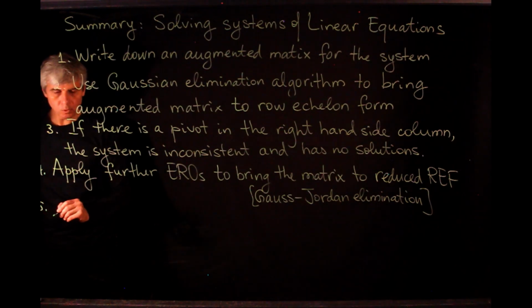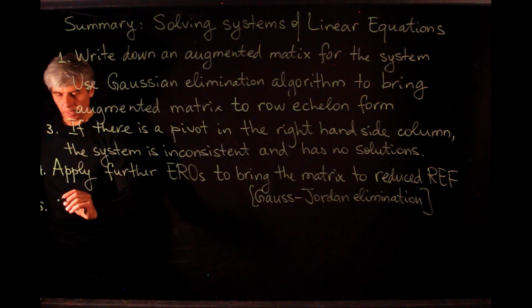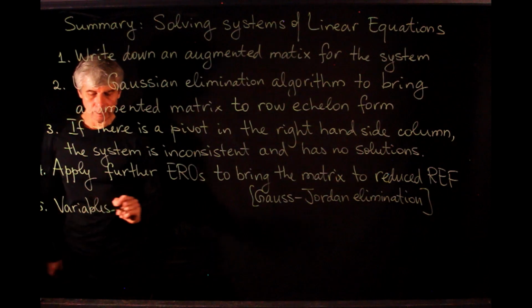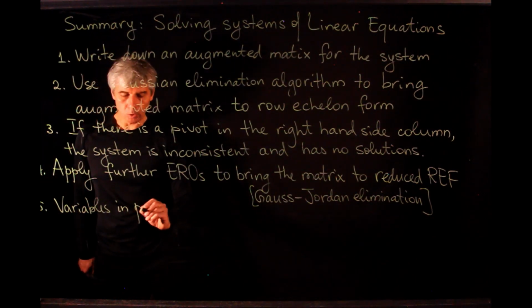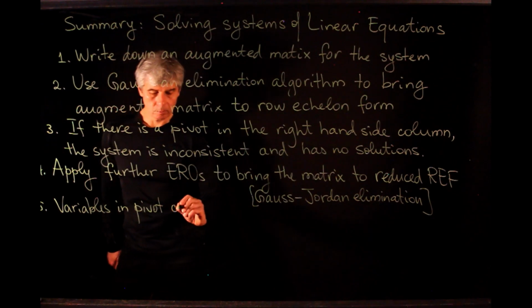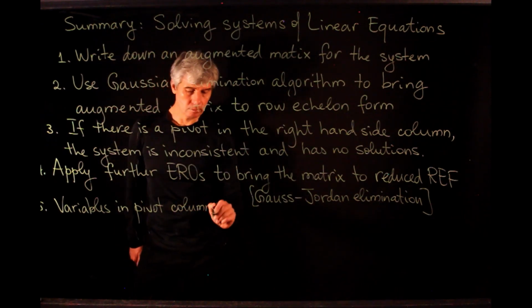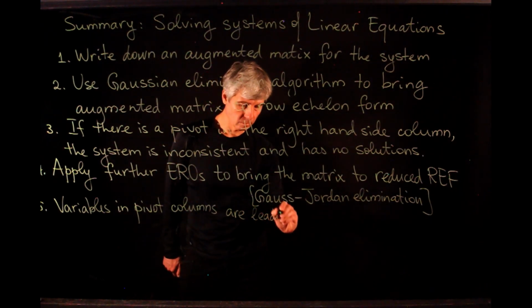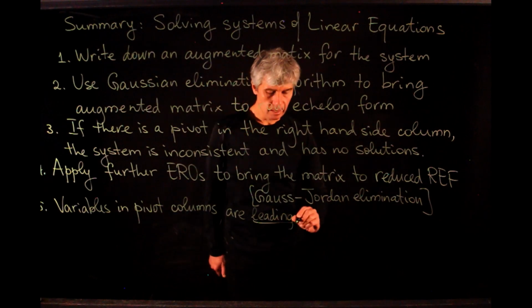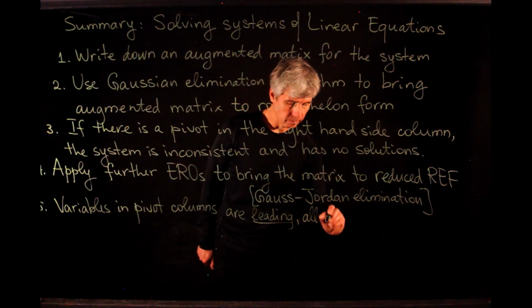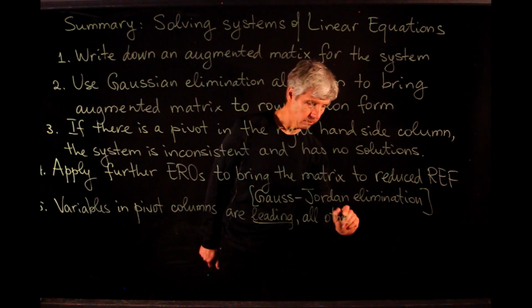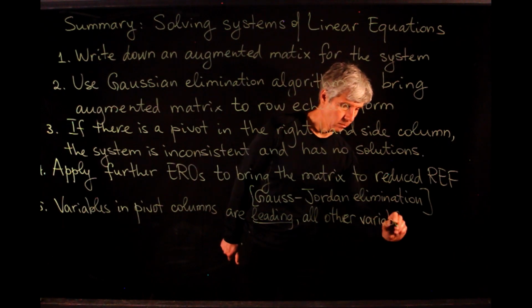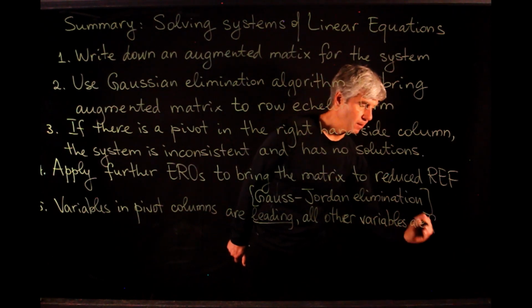So what we do is variables in pivot columns are leading, and all other variables are free.